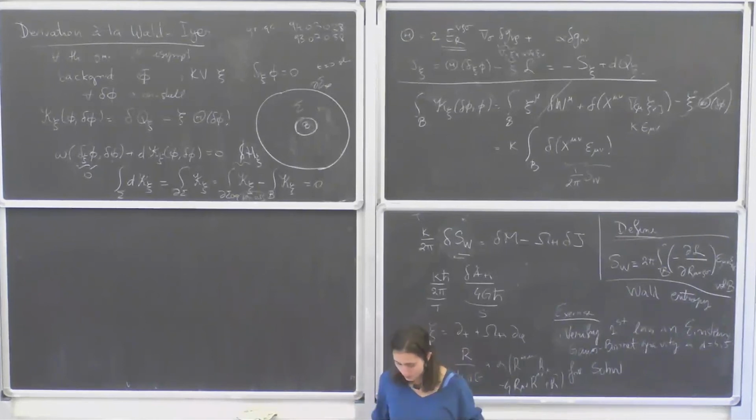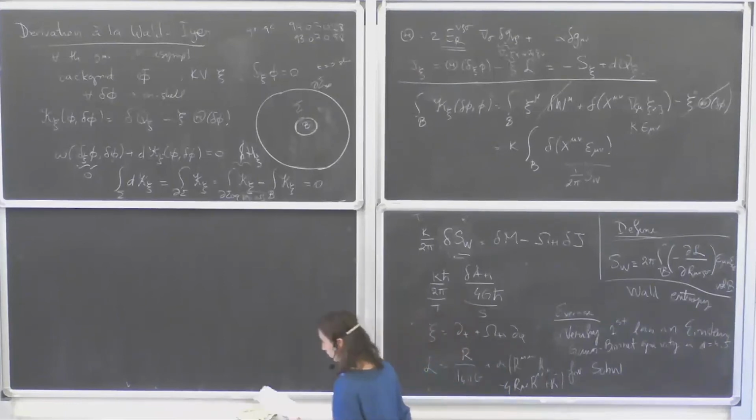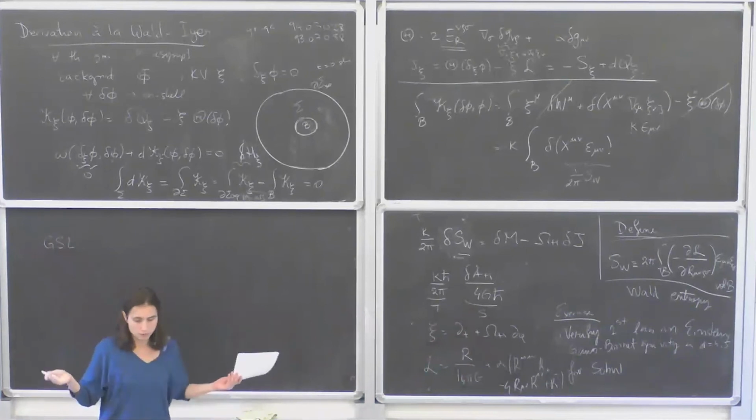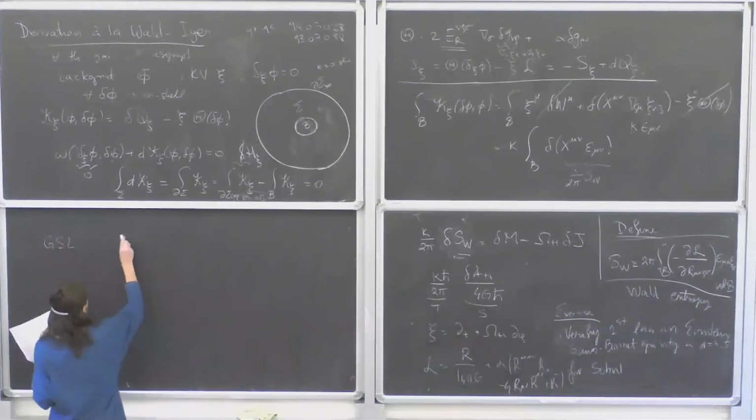Okay, very good. So Bekenstein was given this project to make sense of the second law of thermodynamics in the presence of black holes. He came up with a proposal, which is the generalized second law. Of course, matter also contributes to the entropy.